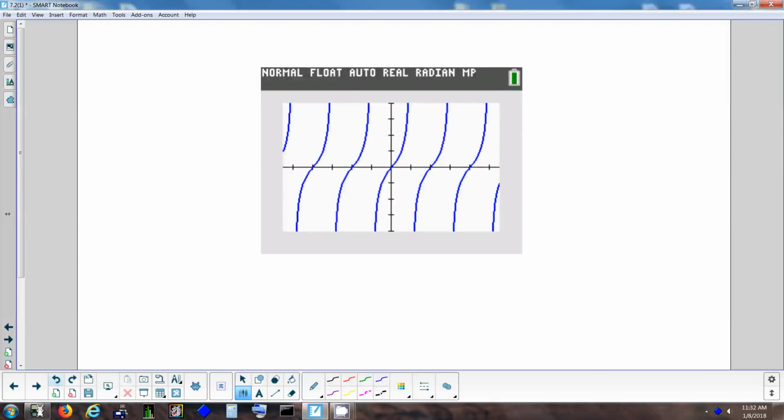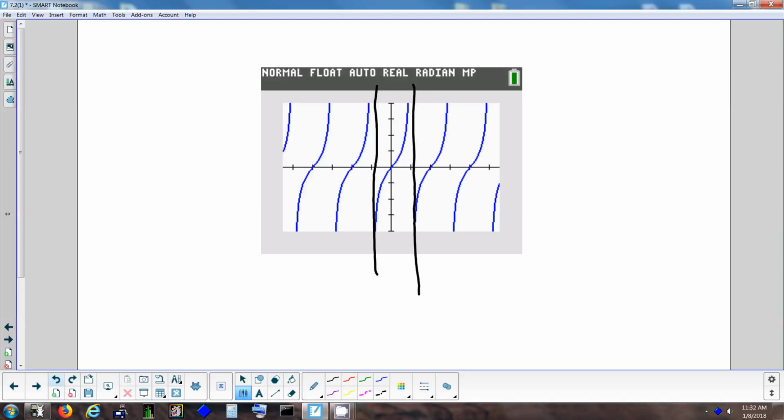Let's try what we've done before. Negative 90 to 90. If I focus on what's between the black lines, would a horizontal line ever hit more than once? No. As long as we ignore every other section and just focus on that one part, then we can have an inverse for tangent.